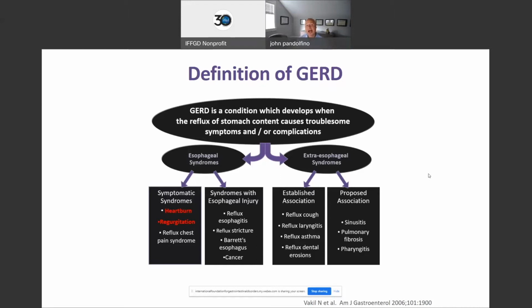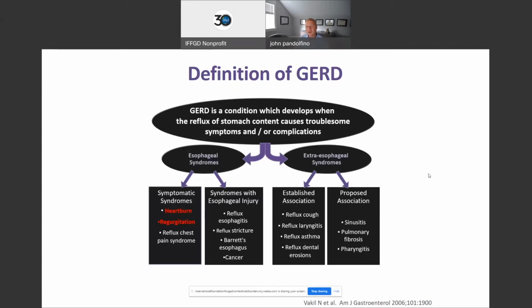You can present with the classic symptoms like heartburn, regurgitation, chest pain, but you could also have other complaints like cough, laryngitis, pulmonary fibrosis, a sore throat. And then, of course, there are the extreme complications: inflammation and esophagitis, stricture, Barrett's esophagus, which is a premalignant condition, and cancer.